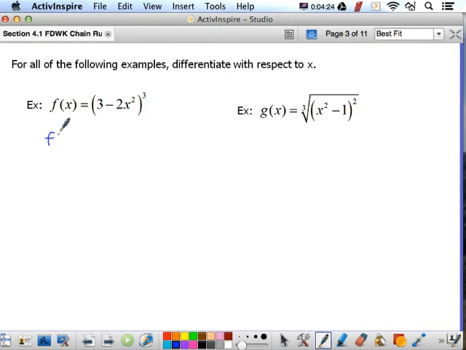In order to work on this, all we do is we take the outside power times the coefficient of the entire parenthesis, which in this case is a 1, and we say 3 times 1, subtract 1 from the entire power, and then you multiply everything by the derivative of the inside of that parenthesis. So what is the derivative of 3 minus 2x squared? Negative 4x. We multiply everybody through by negative 4x.